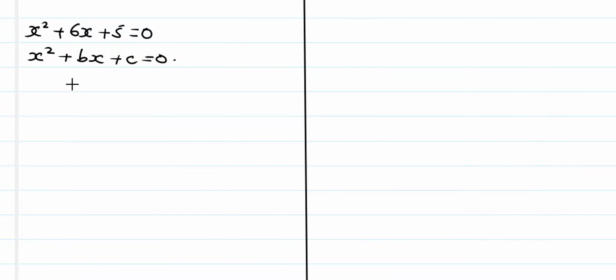The first step we need to do is to take the coefficient of x, which is b, divide it by 2, then square it.